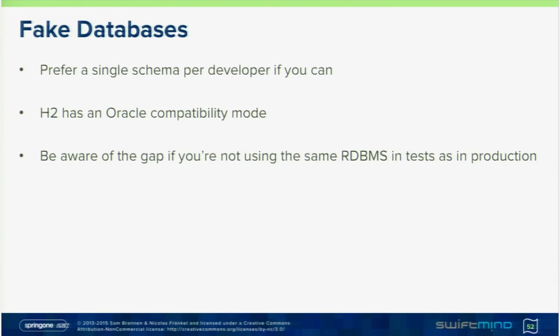In this case, I would think that H2 is better because H2 has compatibility modes, so it reduces the gap. If you cannot, then use anything you can. But just be aware that there will be a gap between the real production mode and the embedded database. So you have to know it.